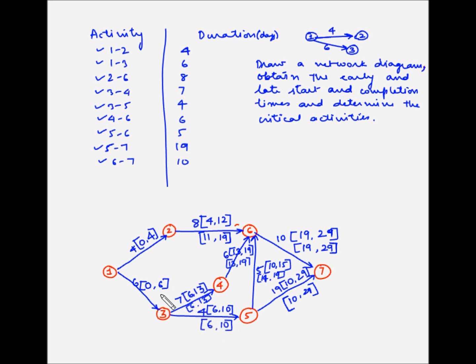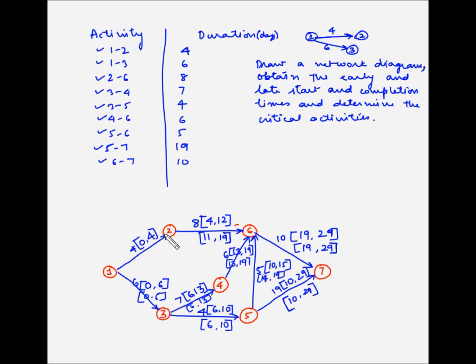So this becomes easy. Because both are 6, activity 1-3 has to be finished latest by the 6th day for any of these other activities to start. So 6 becomes the latest finish time, and it takes 6 days to complete 1-3. So 6 minus 6 is 0. So 0 becomes the latest start time for this activity.